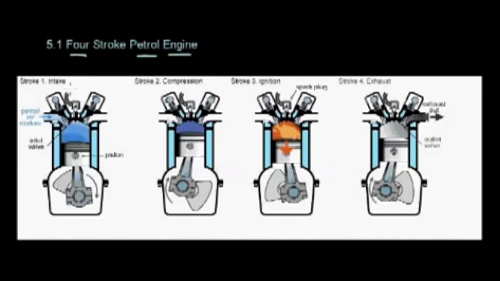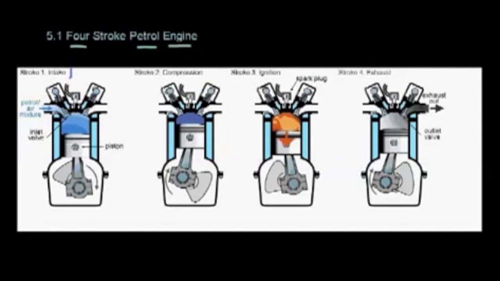We call it stroke 1, stroke 2, stroke 3, stroke 4. Or we can also call the first stroke as intake stroke. According to our syllabus, this is known as induction stroke. Now, followed by the second stroke, which we call compression stroke. The third stroke is known as ignition stroke, or what we call power stroke.